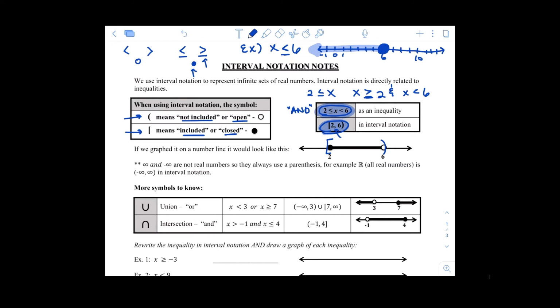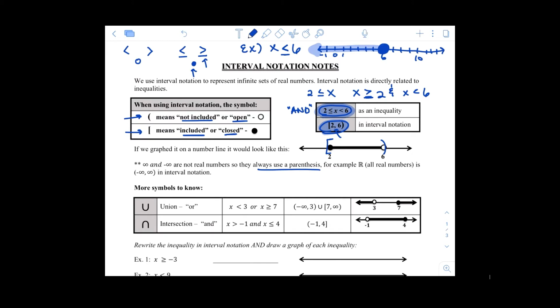One more thing before we move on. Negative infinity and positive infinity are concepts. If a bracket means it's going to be included, can you actually reach infinity? No, you can't. So since negative infinity and infinity can't be reached, they can't be actually hit, you will always use parentheses.